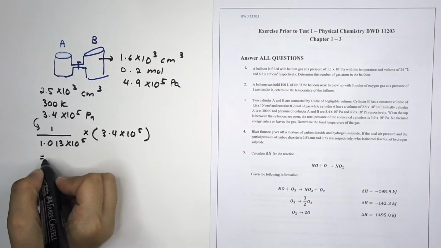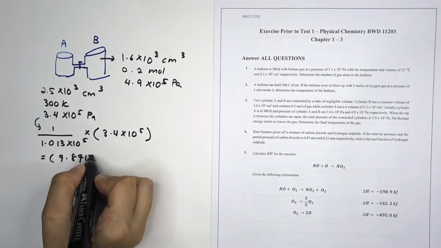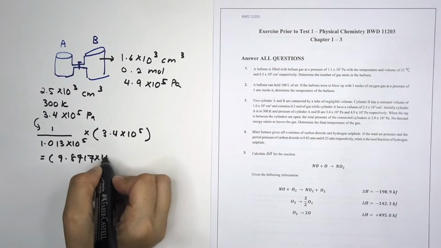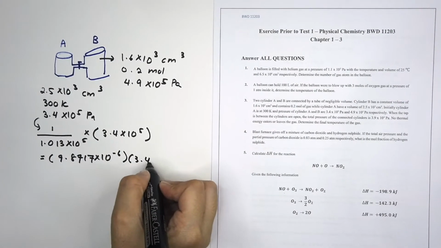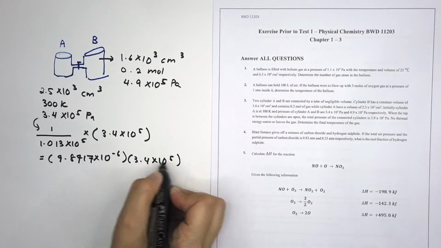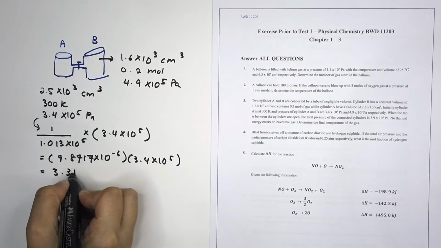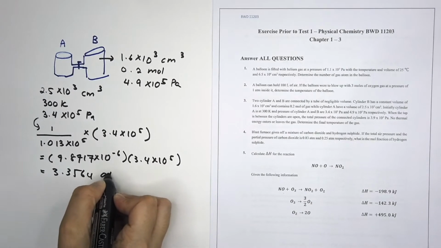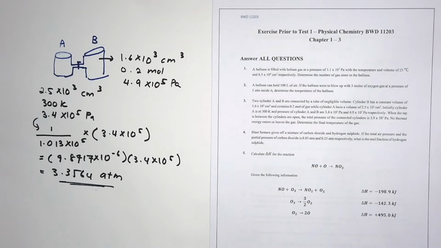So you should get 9.8717 times 10 to the power of negative 6 times 3.4 times 10 to the power of 5. You should get 3.3564 atm. This is the pressure for cylinder A.